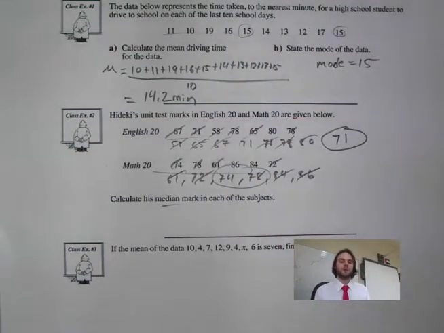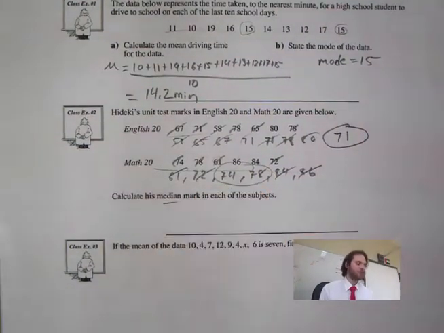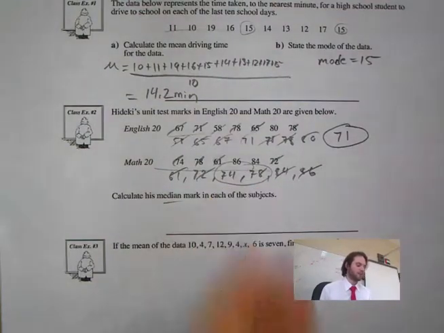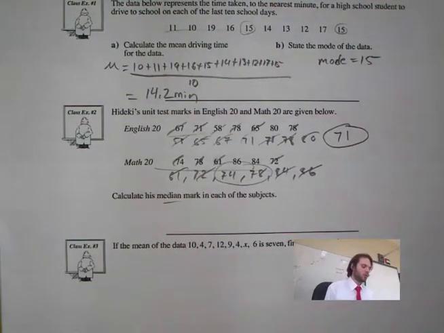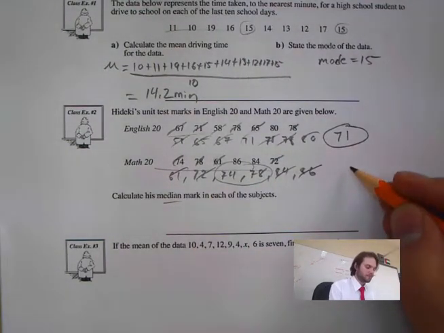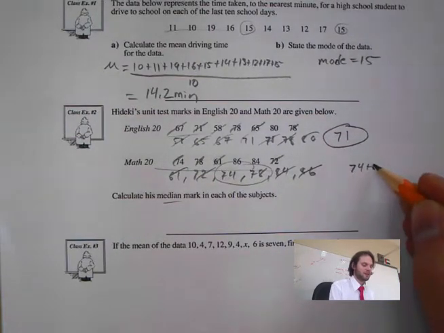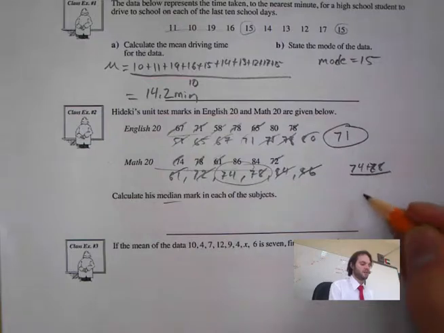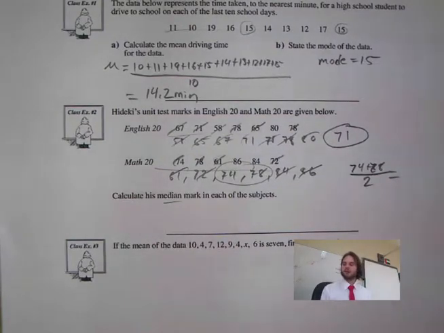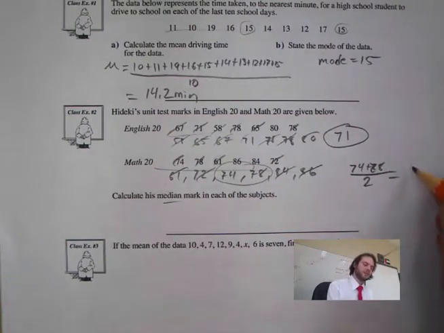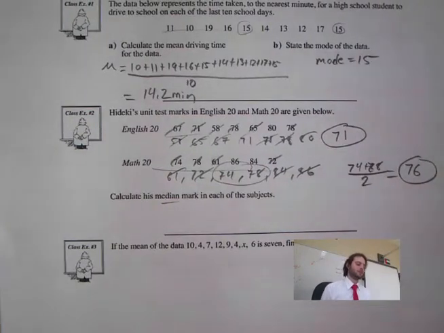What do I do if it's in between? We want to find the average of 74 and 78. So I take 74 plus 78, divided by 2. That gives me 76. Which one does he do better in? Math. His median in math is higher.